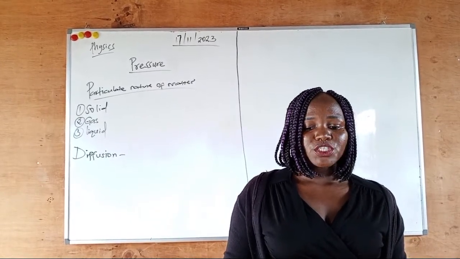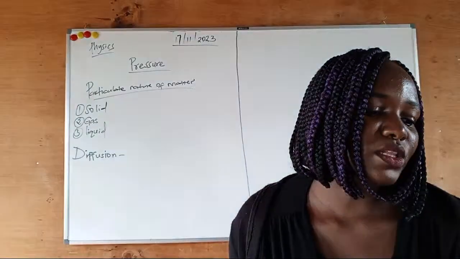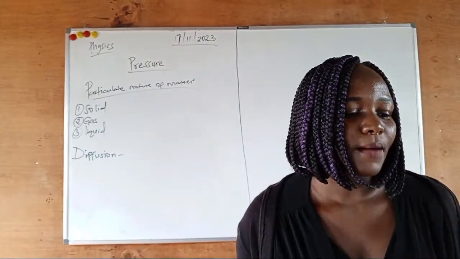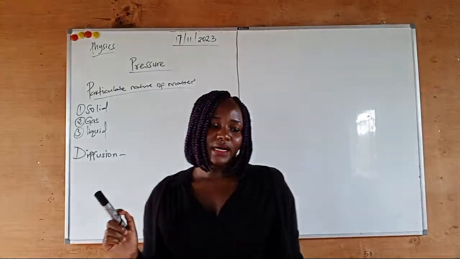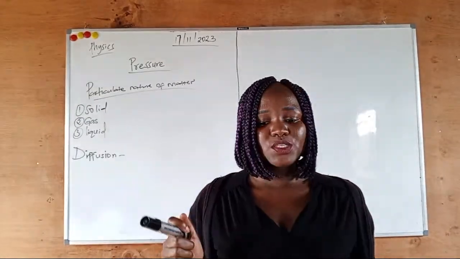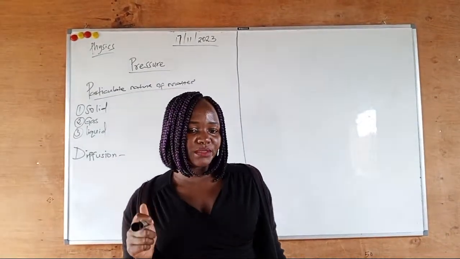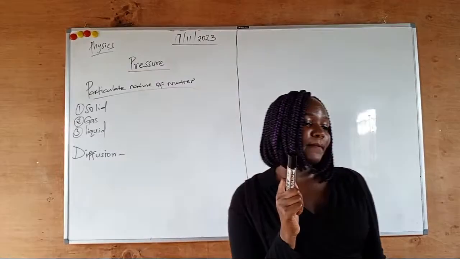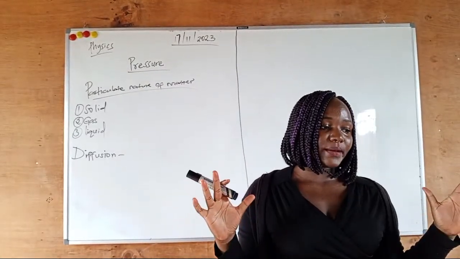In biology, we say it happens through a semi-permeable membrane. But in physics, we say it happens so as to attain a state of equilibrium. A state of equilibrium is a state of balance, okay?